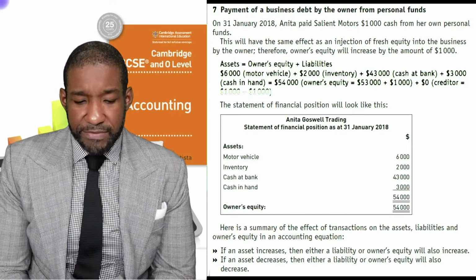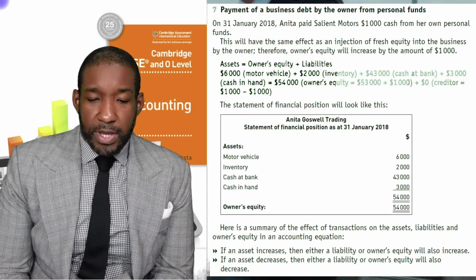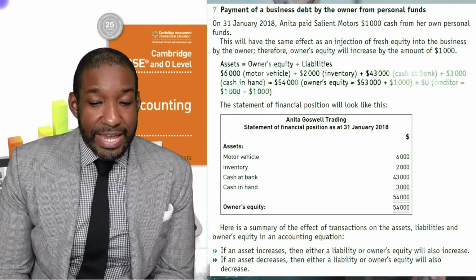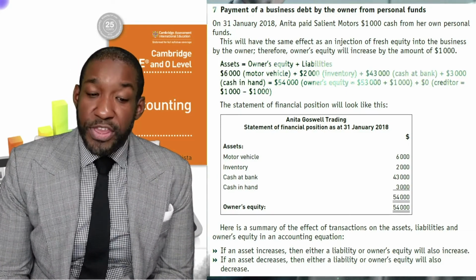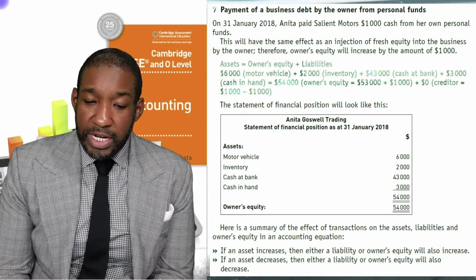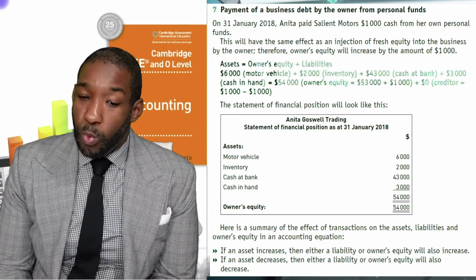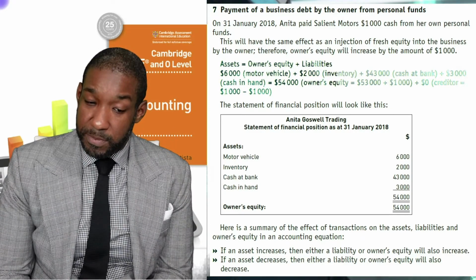Woo, number 7's a big one. Payment of a business debt by the owner from personal funds. On the 31st of January, at the end of January 2018, Anita paid Salient Motors $1,000 cash from her own personal funds.